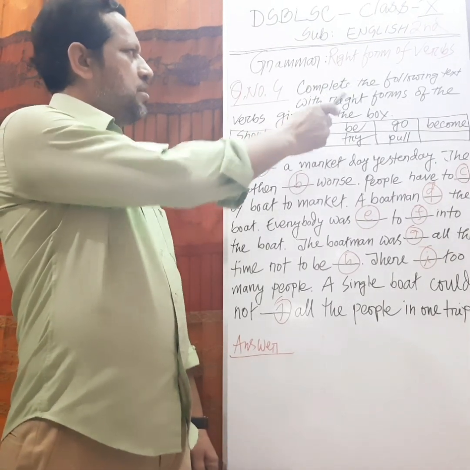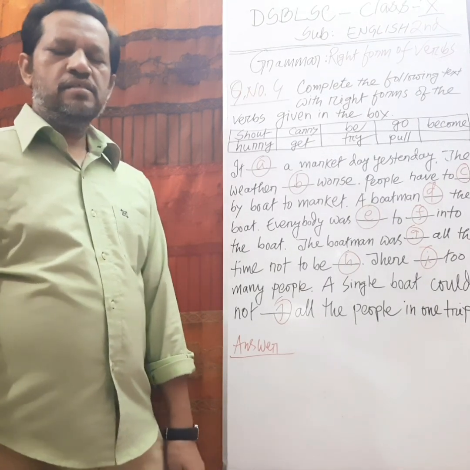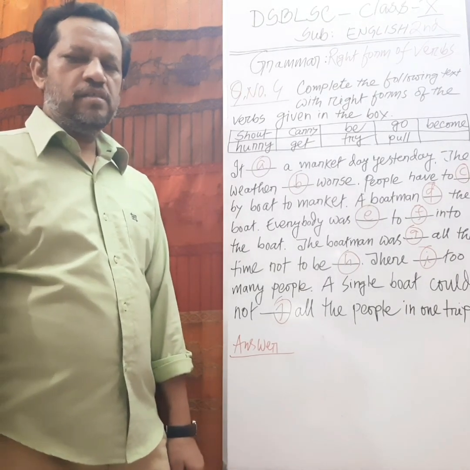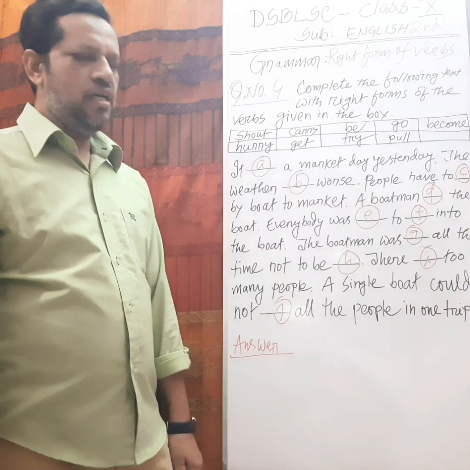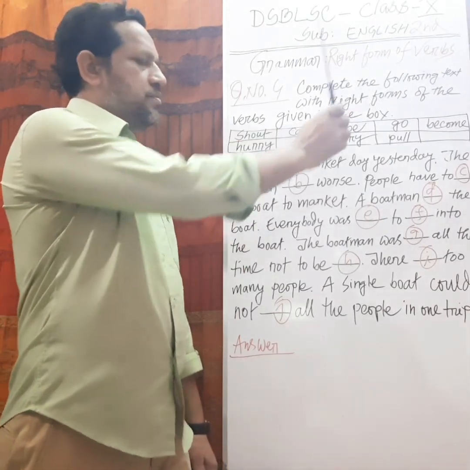right form of verbs. You know well that in English second paper, question number 4, the topic is right form of verbs.